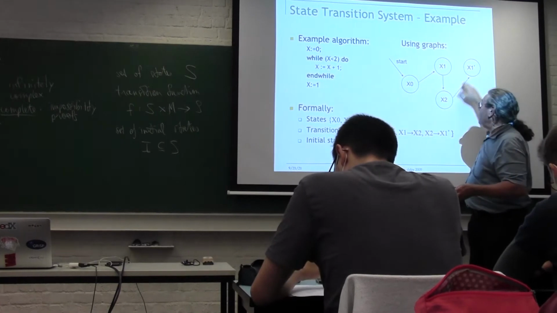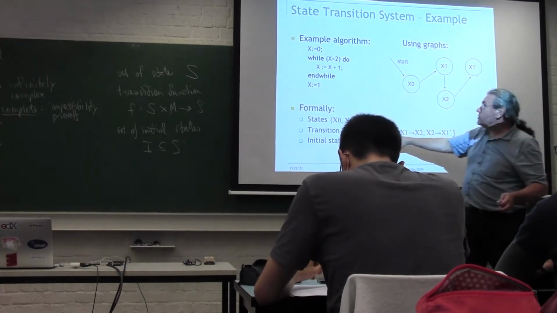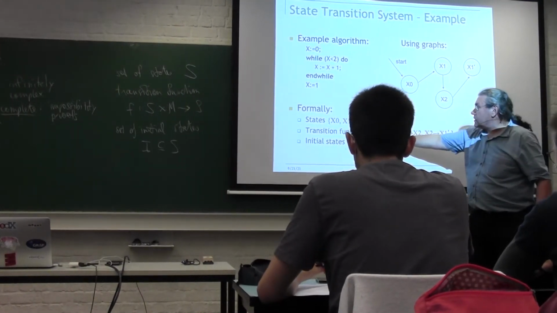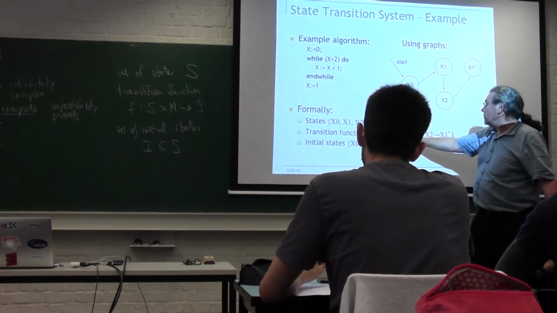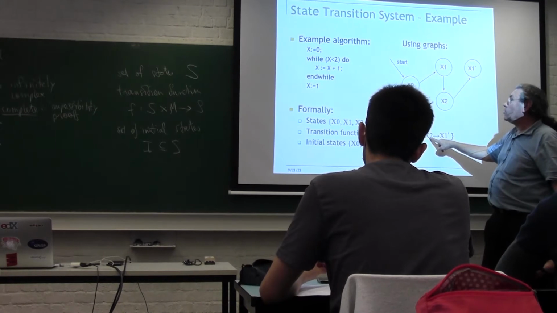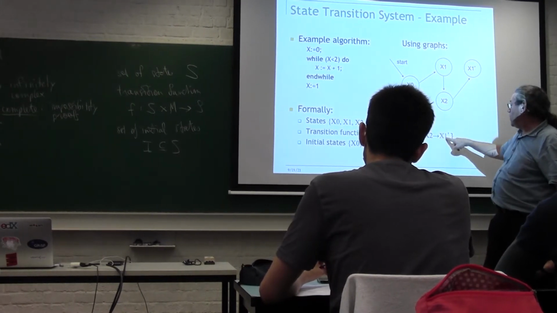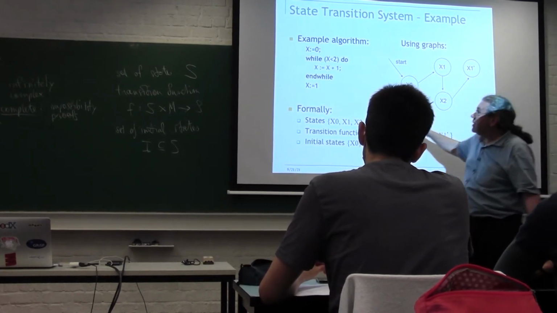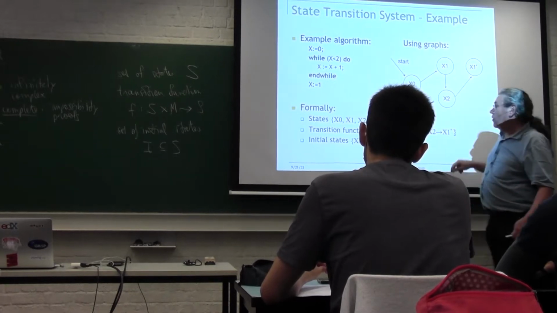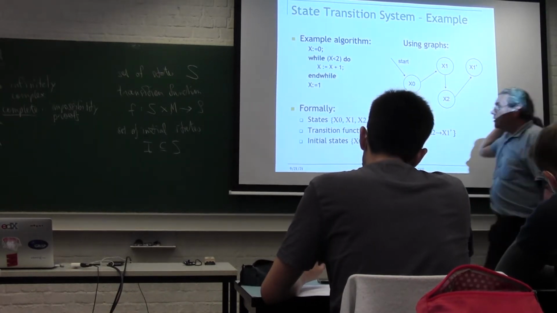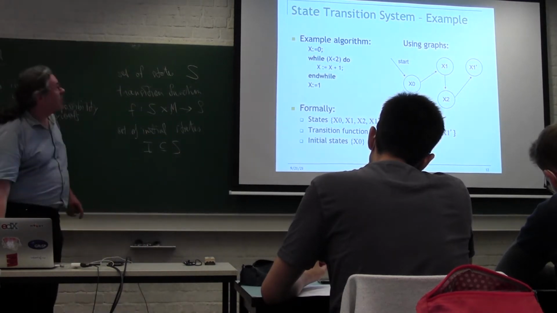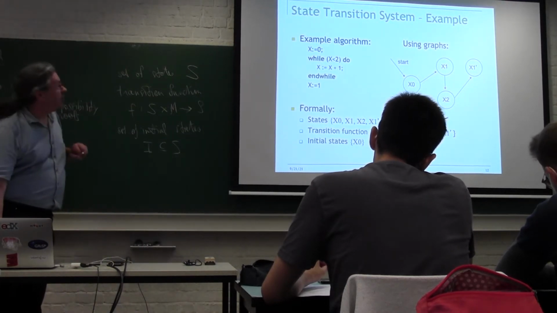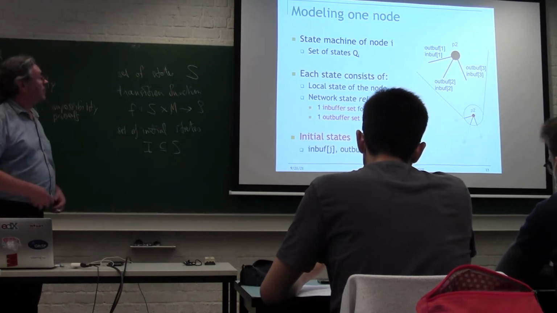So there's a number of states here. There's a transition function. Once x gets 0, then the next state will be x gets 1. That's incremented. Then it gets 2, okay? And then you go out of the loop, and again it gets 1, but you're in a different state because you're at the end of the program, okay? So that's the state transition. That's very simple. It's just a state machine.